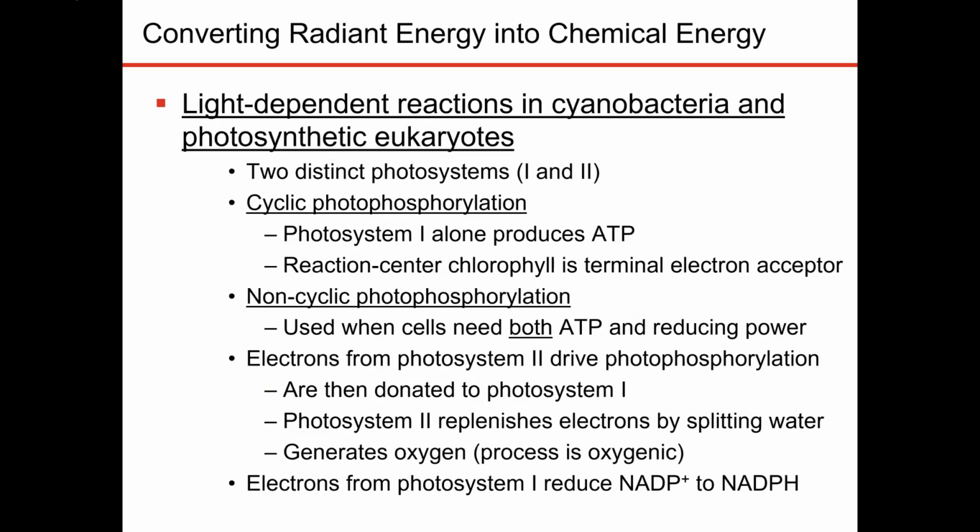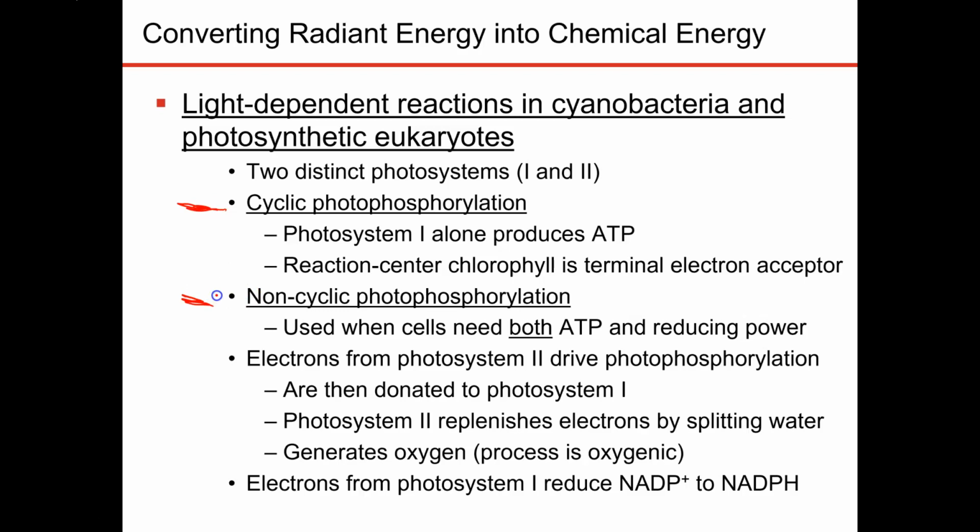So we have two major reactions in photosynthesis. We have the light-dependent reactions, and then we have the light-independent reactions. Light-dependent reactions occur within our cyanobacteria and photosynthetic eukaryotes. And there are two different types of light-dependent reactions: cyclic photophosphorylation and non-cyclic photophosphorylation.